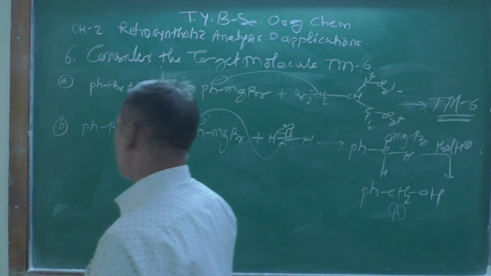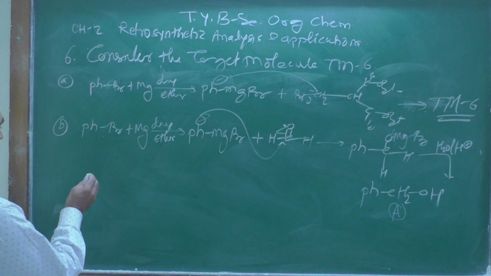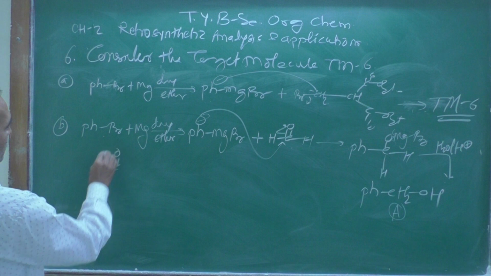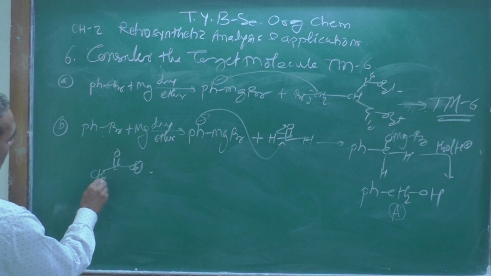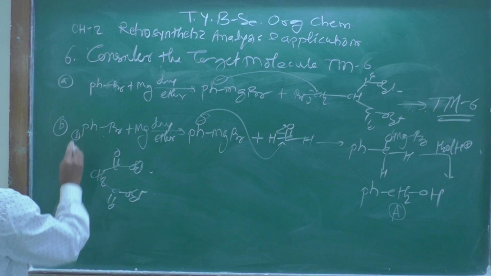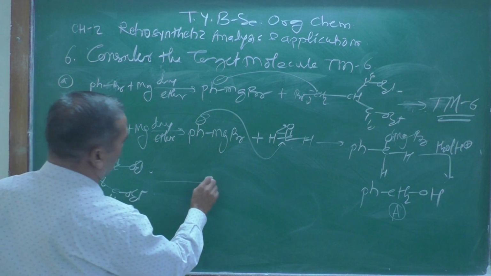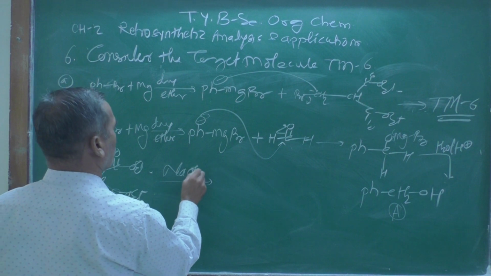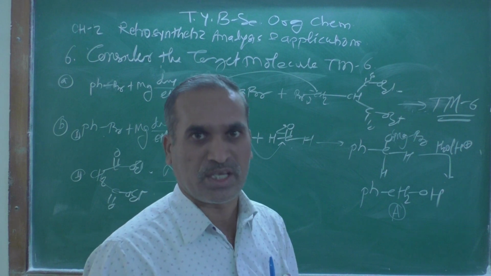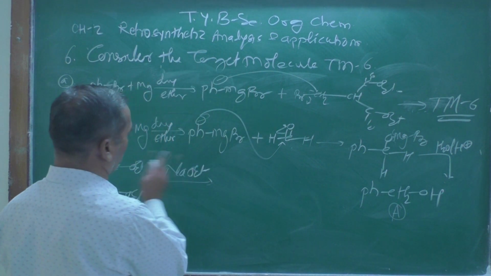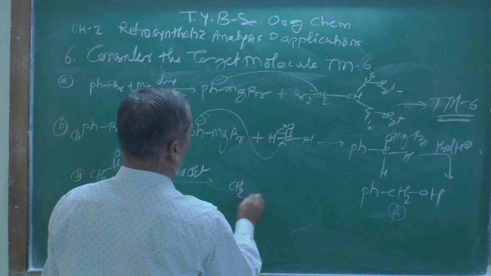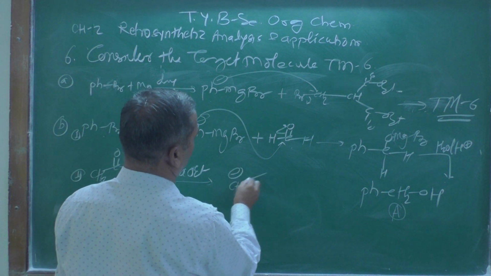Once I got the benzyl alcohol, I am calling it A over here. Now the other one is malonic ester, CH2 with C double bond O OEt and C double bond O OEt. When I use the reagent sodium ethoxide, it will abstract the acidic proton, and here you are going to get the carbanion formation.